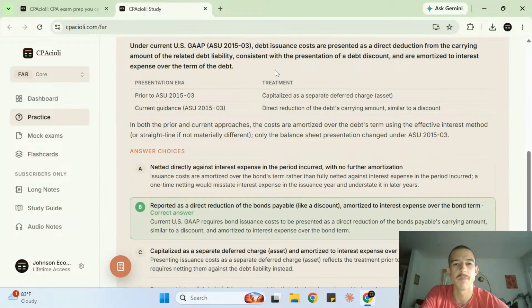Under current GAAP, debt issuance costs are presented as a direct deduction from the carrying amount of the related debt liability, consistent with the presentation of a debt discount, and are amortized to interest expense over the term of the debt.